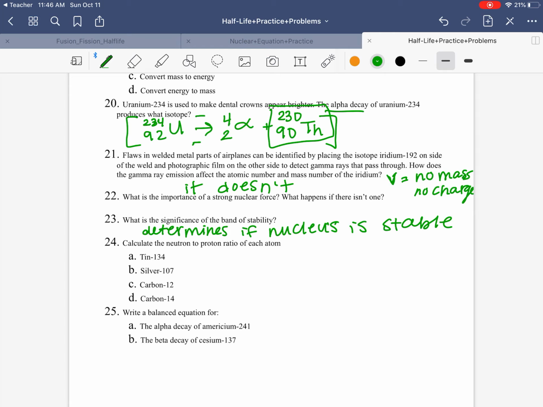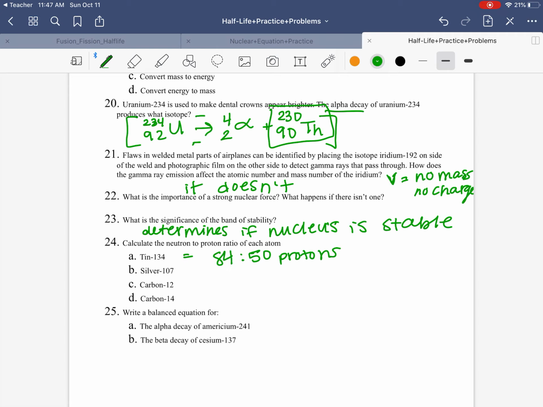Okay. So tin has 50 protons. So you're going to subtract 134 minus 50 equals 84.